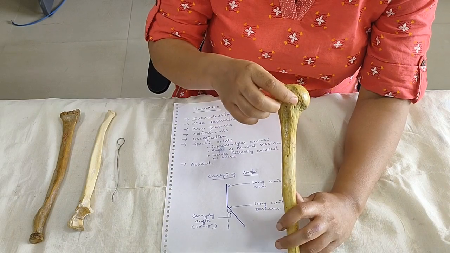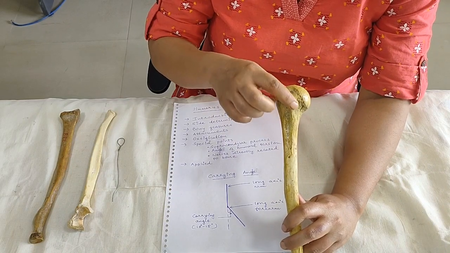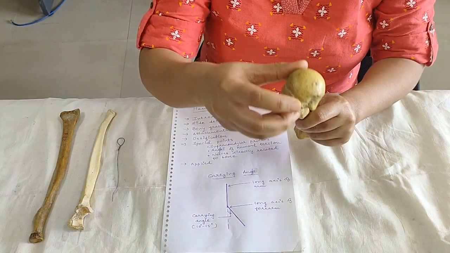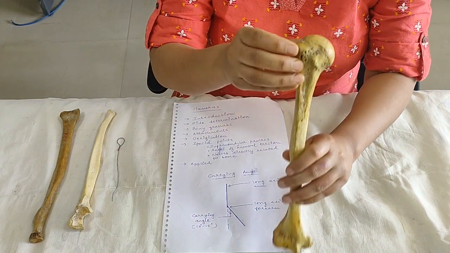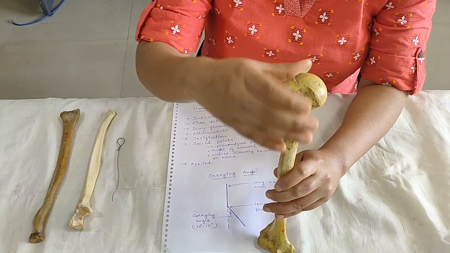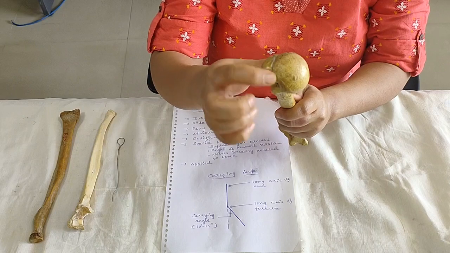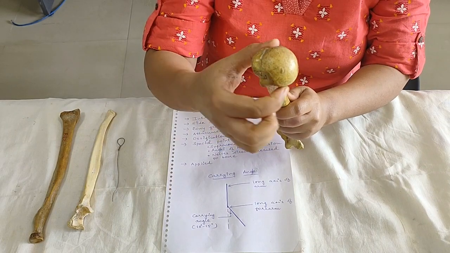Lesser tubercle, which is having a bony impression. Greater tubercle, which is having 3 bony impressions. This head is separated from the rest of the upper end by a constricted portion, which is called anatomical neck.